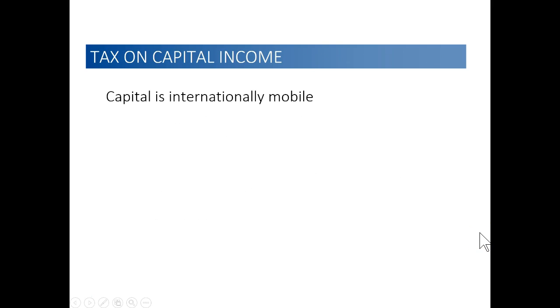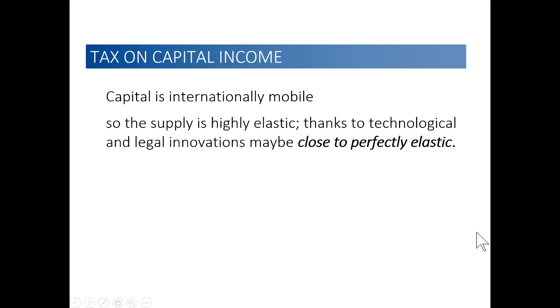So let's look at an example. Let's say that capital is internationally mobile. So the supply is perfectly elastic. Thanks to technological and legal innovations, we can say that it's close to perfectly elastic at least.